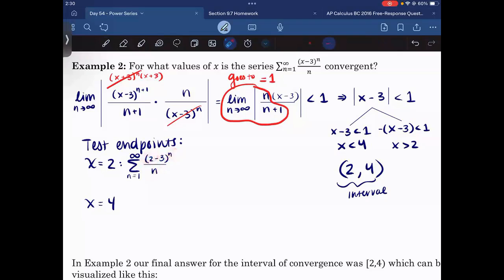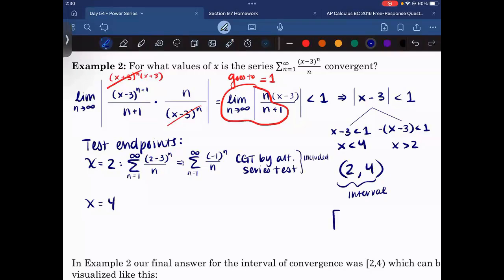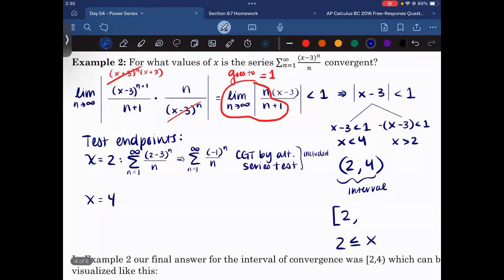I have made that mistake where you see a variable and think, oh, plug it in. Just make sure you are doing it correctly. And then when we simplify this, we should see that it is an alternating harmonic series, so this is going to be convergent by the alternating series test. That one means it's included. So we have a hard bracket at 2. If you also want to write 2 less than or equal to x, that is also fine. And now let's test 4.